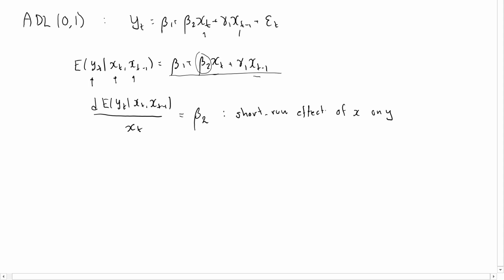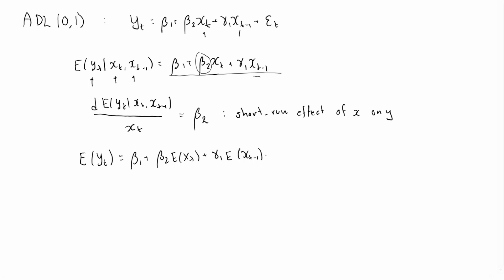So to think about the long run effect, we'll instead look at the unconditional expectations. So the expected value of yt, just take the expected value on the right hand side, is beta 1 plus beta 2 expected value of xt plus gamma 1 expected value of xt minus 1 plus the expected value of the error term, but we assume that that's 0 due to exogeneity.